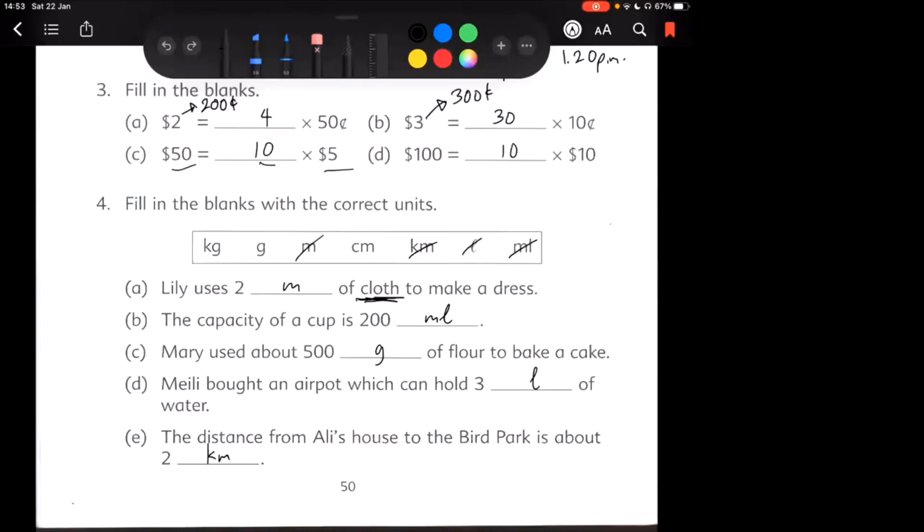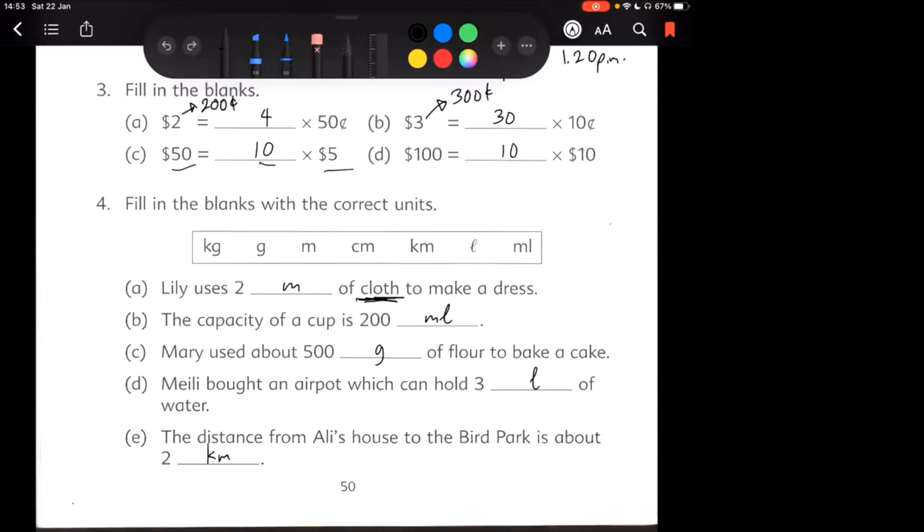So here we're looking at meters, centimeters, and kilometers for part A, right? So here our answer should be meters, just based on common sense, I suppose. Centimeters is obviously too small, and kilometers doesn't make sense because you wouldn't need that much cloth to make a dress. Kilometers is really, really big.